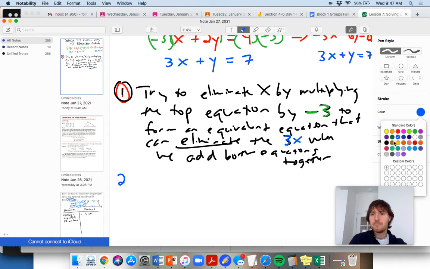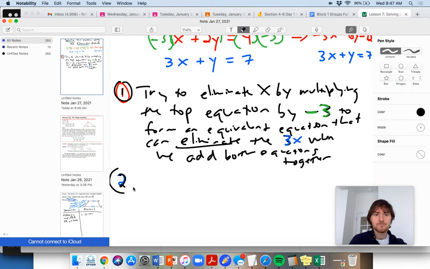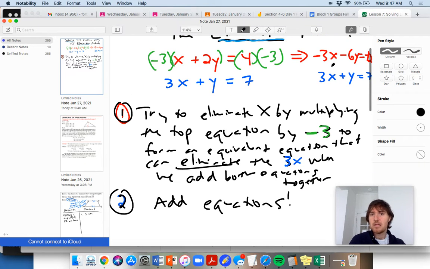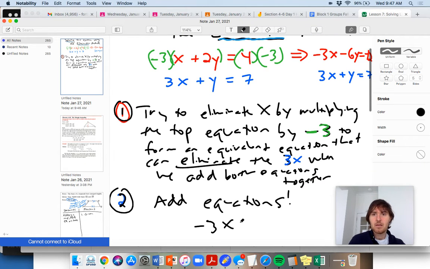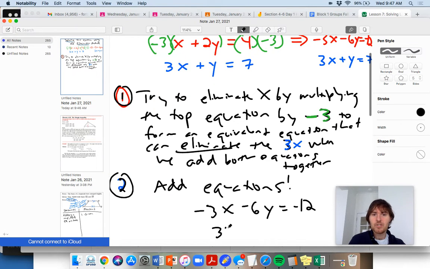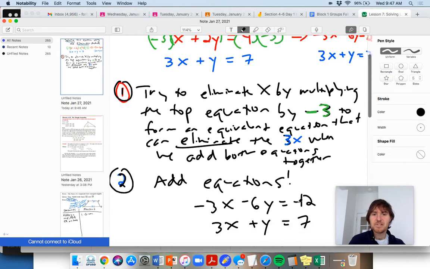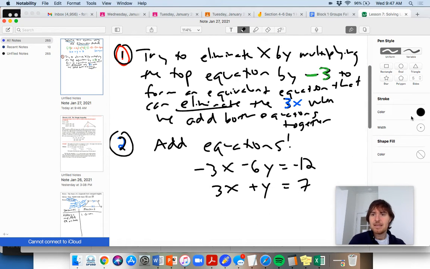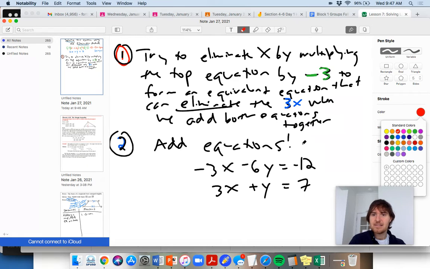So step 2: add the equations together, the multiplied red to the original blue. I'll move this down here because now we can eliminate.